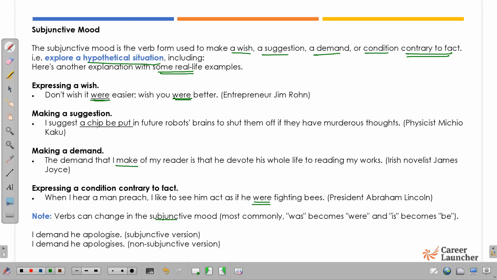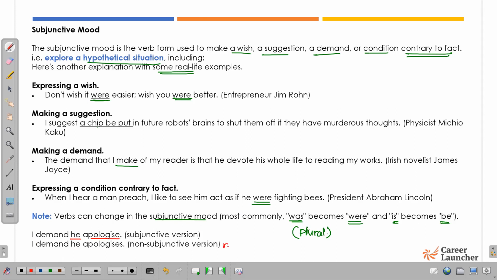Verbs can change into subjunctive mood. Most commonly, was becomes were, is becomes be, basically plural. Not a very vivid sentence is going to be given to you in the exam, but a very simple one which will have a plural marker. So I demand he apologize, because he apologizes is non-subjunctive.